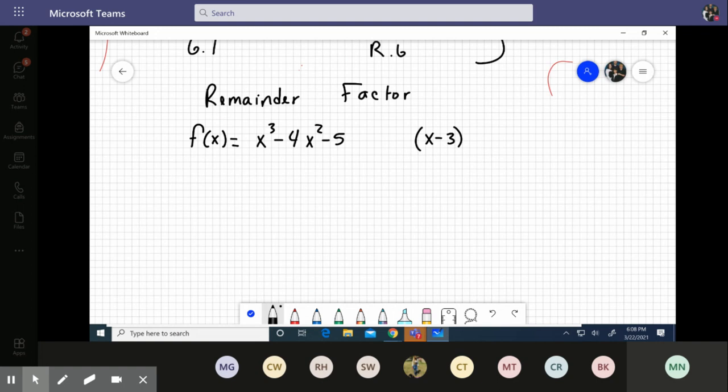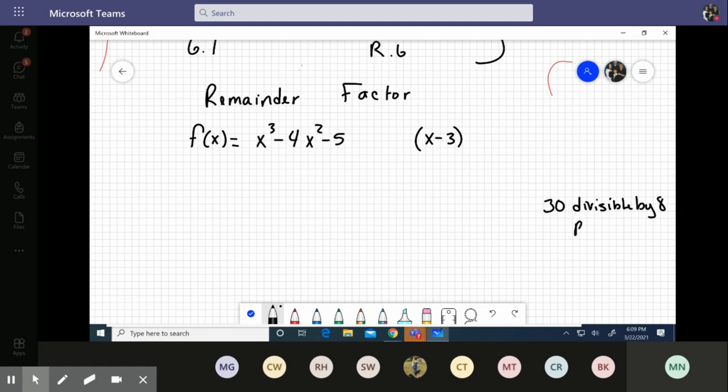Is 30 divisible by 8? Can you divide 30 by 8? Yes. But when we say divisible, what are we looking to happen? Evenly, right?